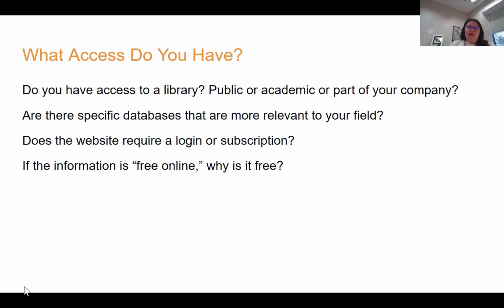If you are able to get access to libraries, what kind of databases are more relevant to your field? Are you in healthcare, so you're looking at PubMed? Are you an engineer, so you're going to be looking at IEEE Xplore or Web of Science, maybe chemistry, or using the database ERIC for education. There are a lot of free databases out there, like the Directory of Open Access Journals or Directory of Open Access Books, but they tend to be really broad and encompassing.